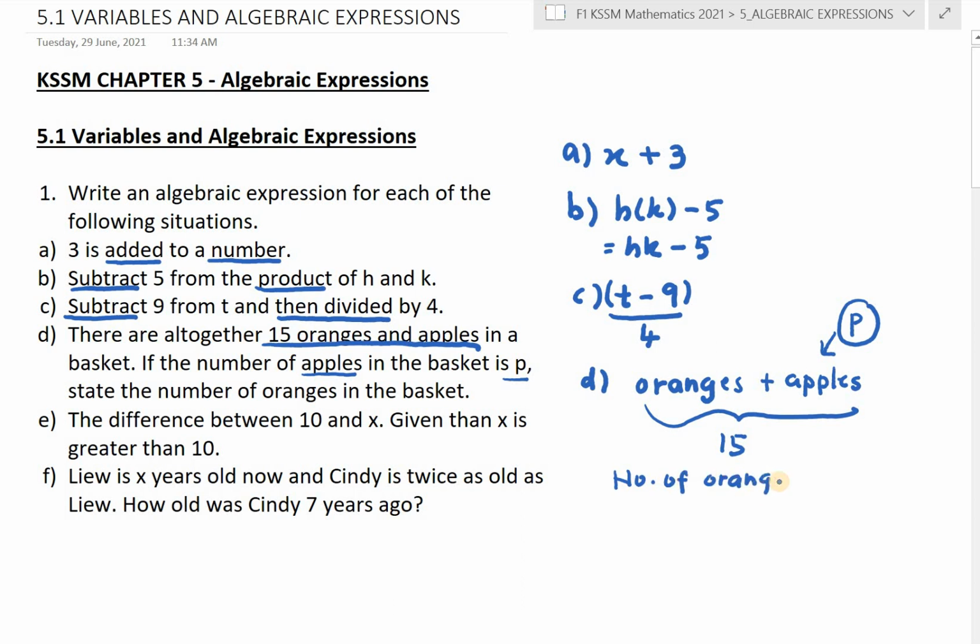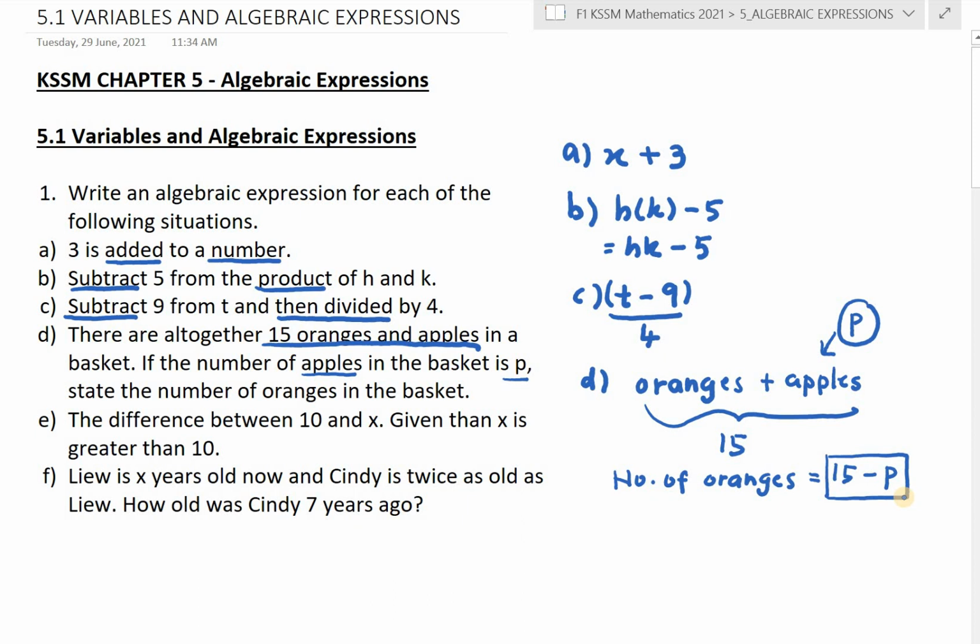The number of oranges in the basket is equal to the total number of oranges plus apples, 15, minus P. So the answer is 15 minus P. So this 15 minus P is the expression for question D. So that is for question D.